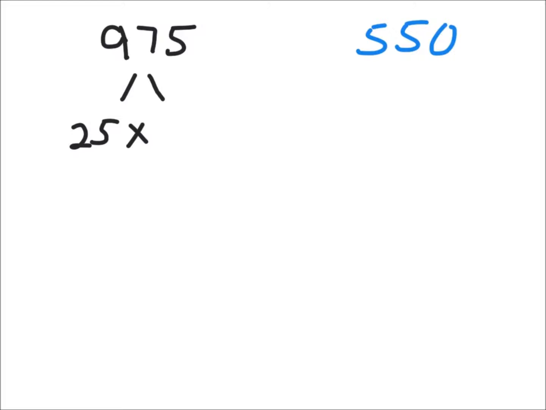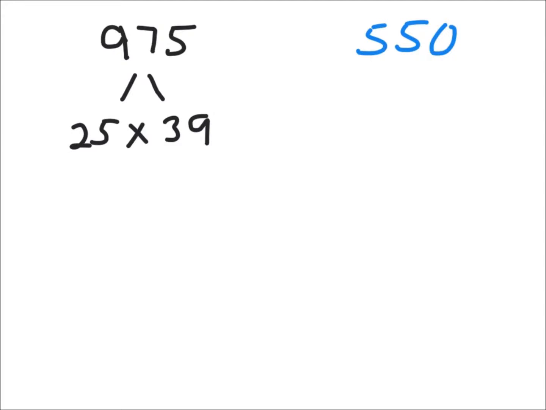Keep 36 in my head. I've also got this 75, and this 75 is another 3 groups of 25. So we've got 36 groups of 25 that make 900, and another 3 groups of 25 that make the 75. So 36 add 3 is 39.